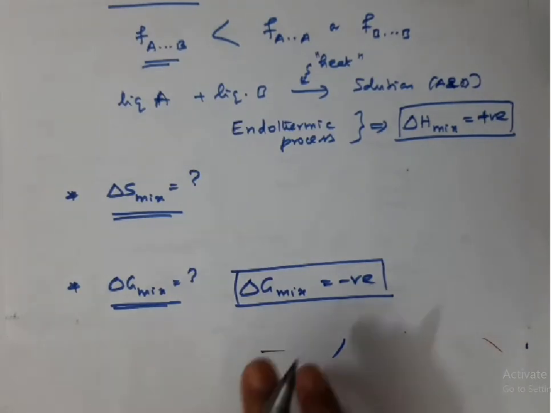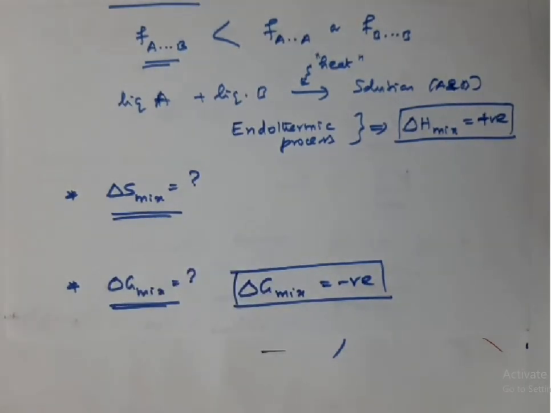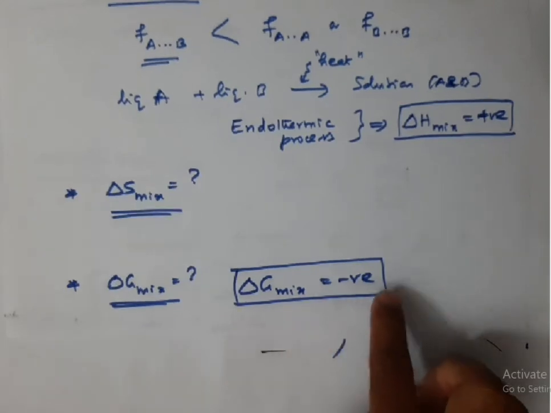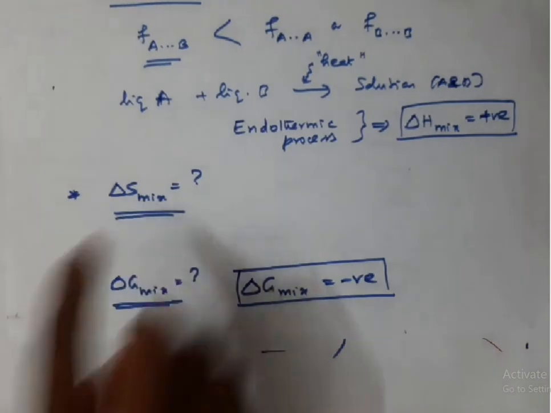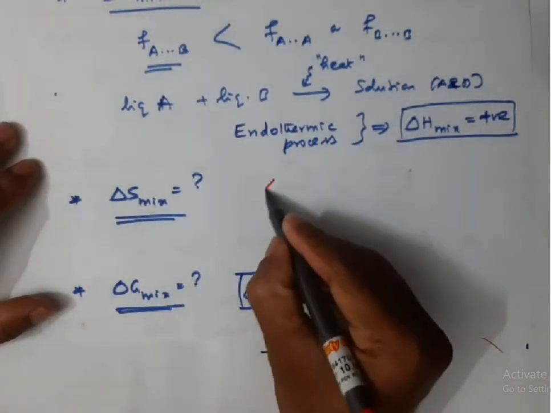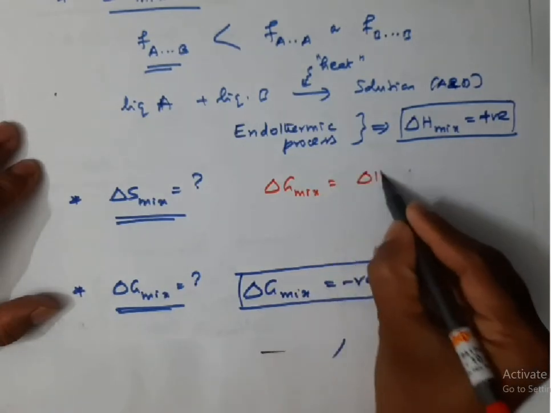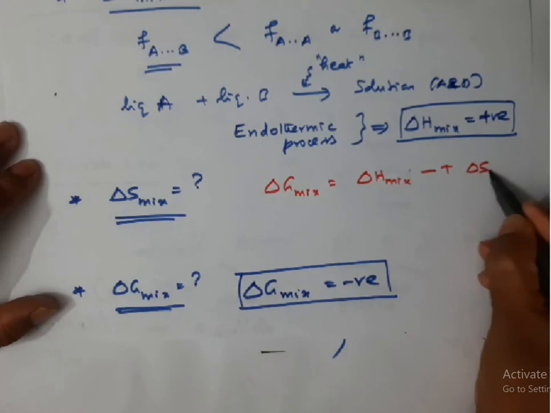So for a solution showing positive deviation, delta G mixing is negative. Keep this in mind. Now I'll go to delta S mixing. You know very well, delta G mixing equals delta H mixing minus T into delta S mixing.